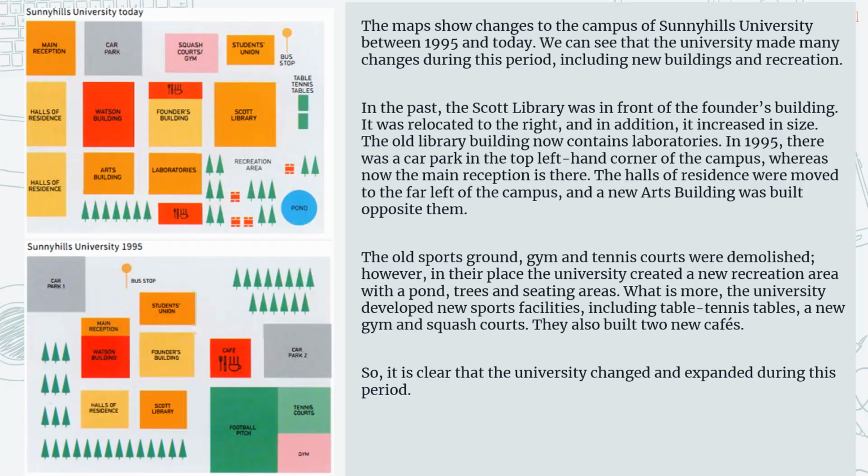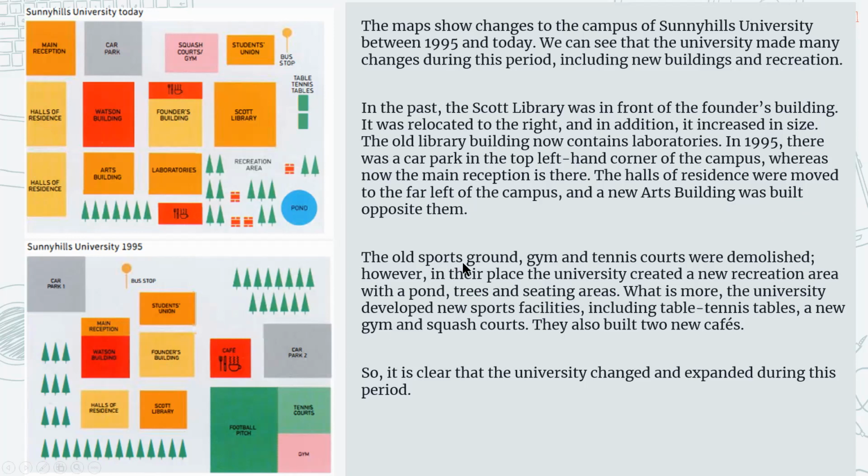They were moved to the far left of the campus, and a new arts building was built opposite them. I could say in place of the old halls of residence buildings or something. Okay, you could just use something different than mine, of course.